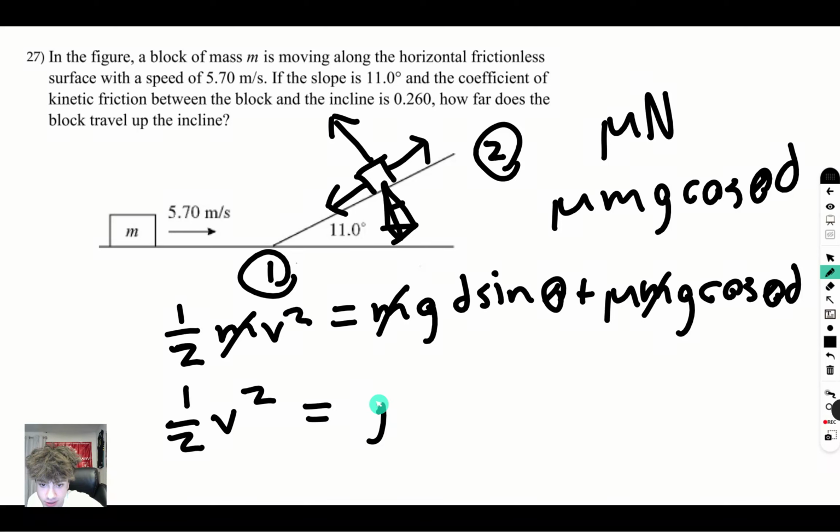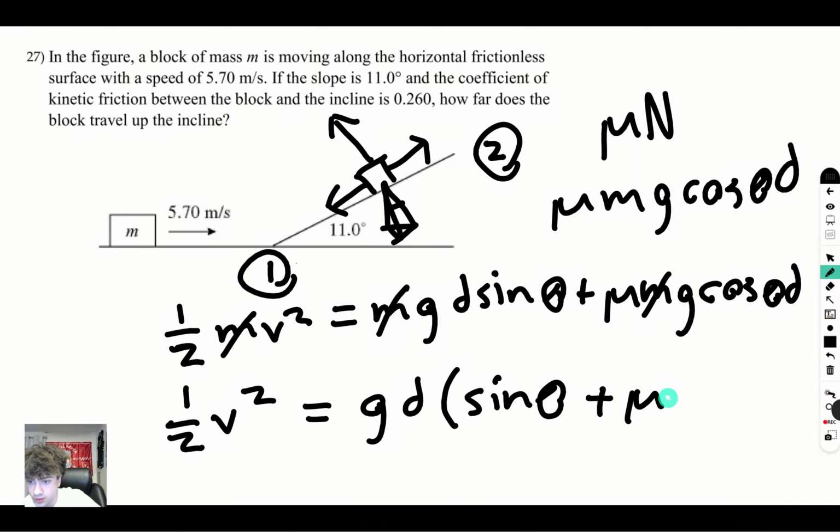So we get gd times sine theta plus mu cos theta. And now from here we can divide both sides by g.